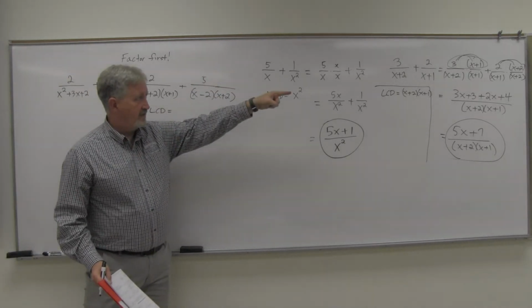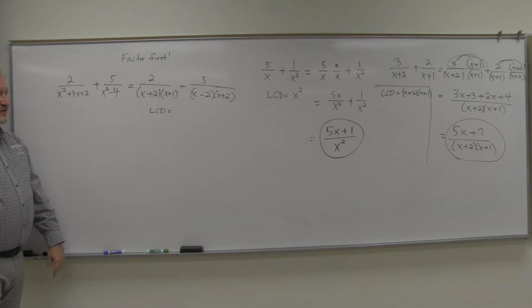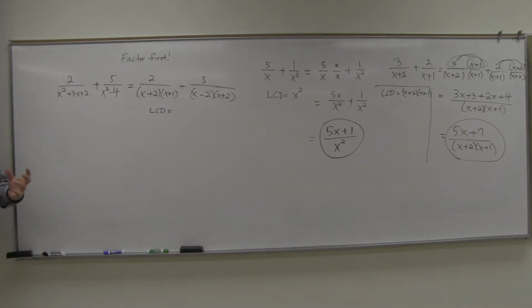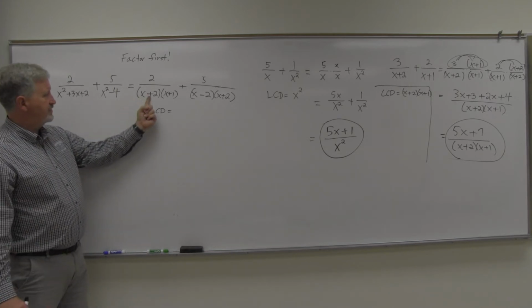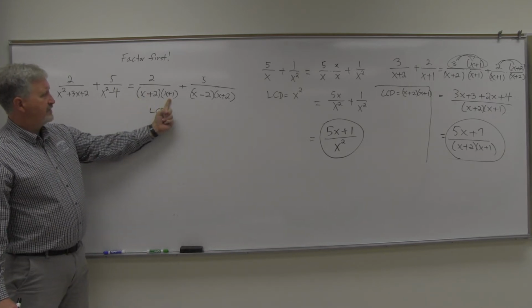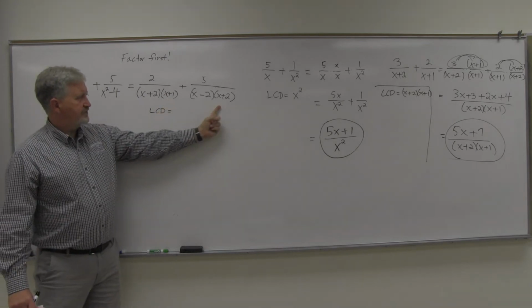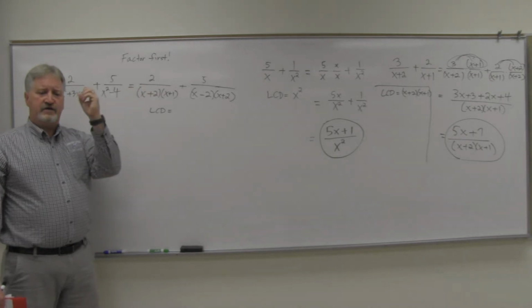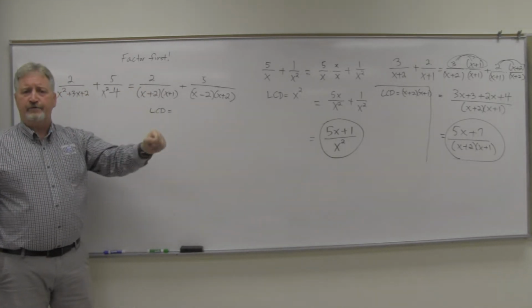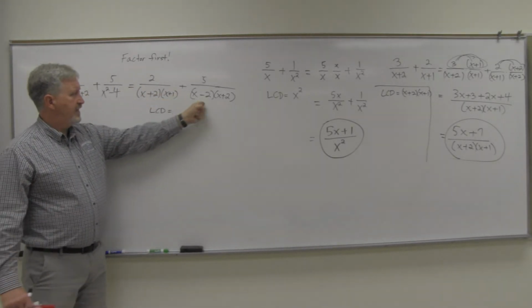So we have to make it like we did both those previous ones where it has the same denominator. Now, notice here, how many different binomial factors do I have? I've got x plus 2, I've got an x plus 1, and that one also has an x plus 2, but it's also got an x minus 2. And so the LCD is going to be one of each of those. X plus 2, x plus 1, and x minus 2.